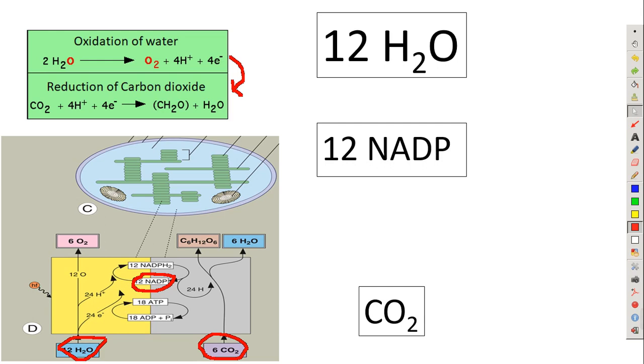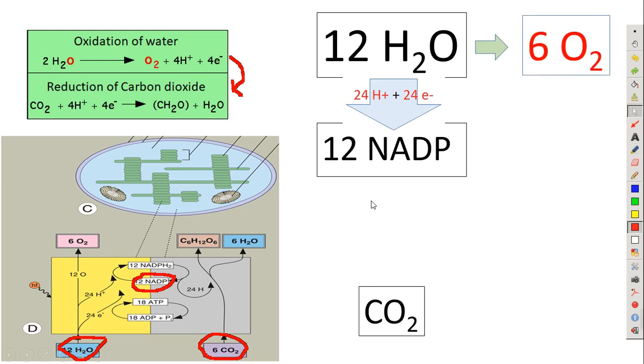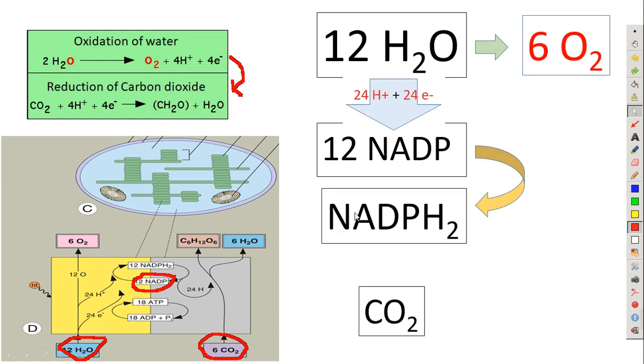So this is how it went. NADP came along and said, "Water, do you have electrons I could give to CO2?" And the water said, "Well, my good friend, obviously I do. Here, have some electrons." "Okay, I'll give it to CO2 then." And this is what happened. So water gave 24 protons and 20 electrons to NADP. In the process, water became dioxygen, and NADP was reduced to NADPH2.